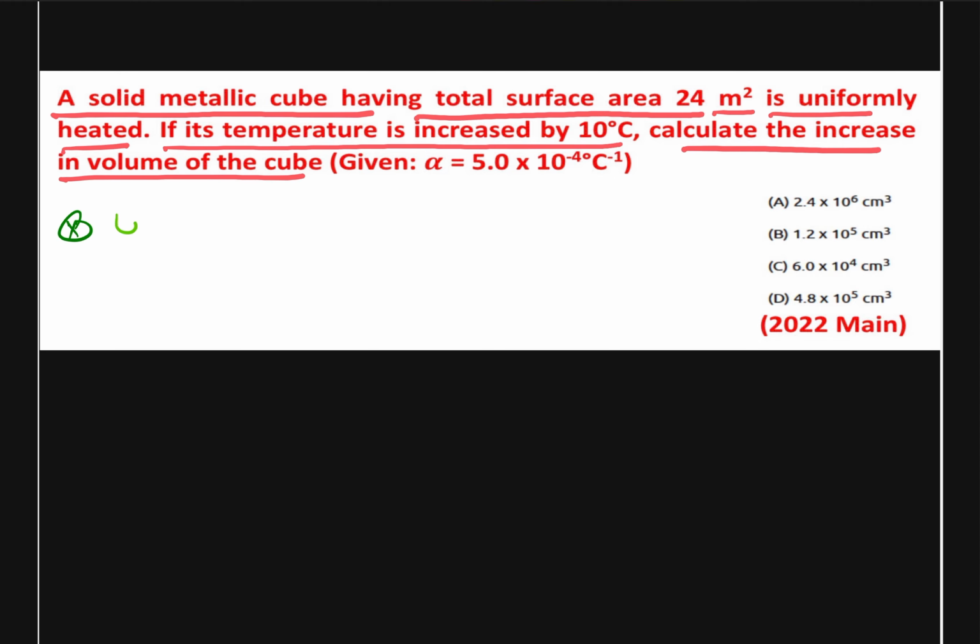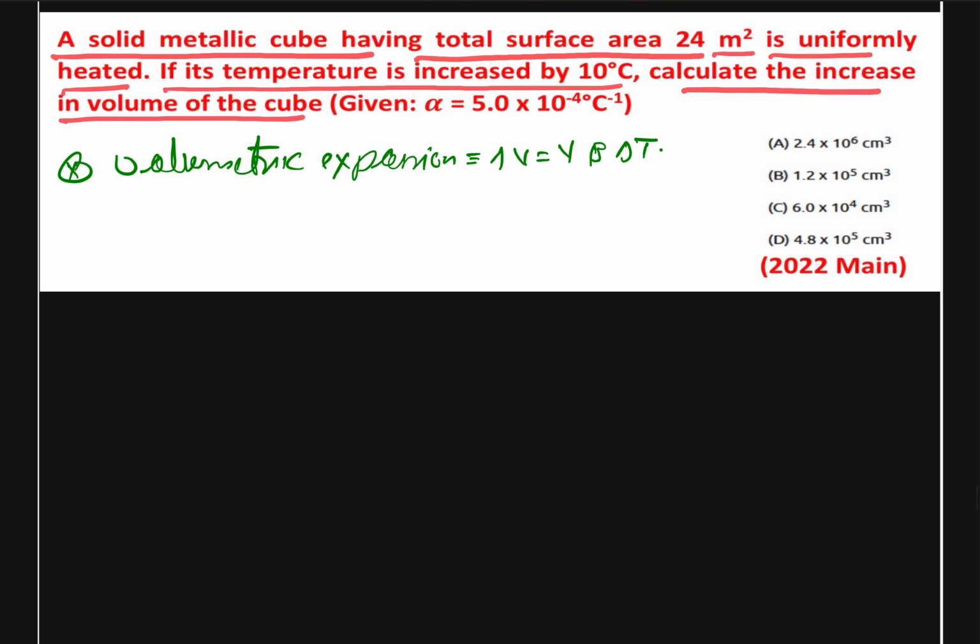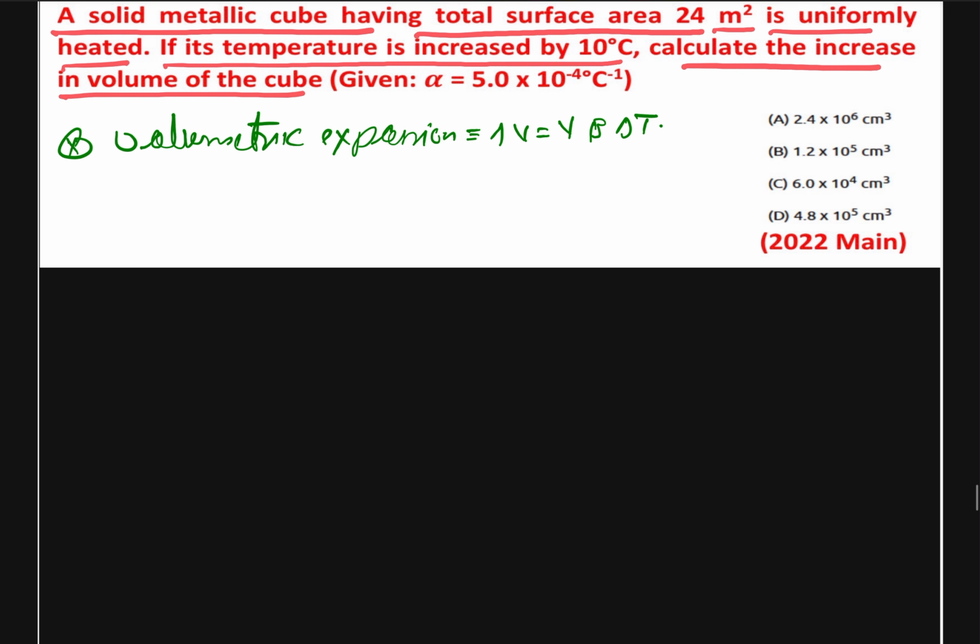We can say our volumetric expansion, that is delta V is equal to V times beta times delta T, and beta is our volumetric coefficient, and we can write in terms of linear coefficient. We know that our beta is approximately equal to 3 times alpha.